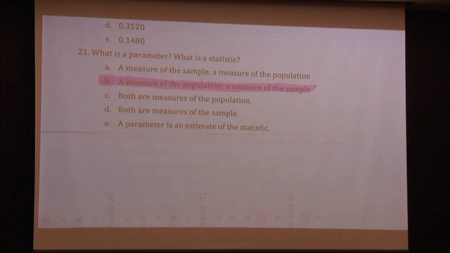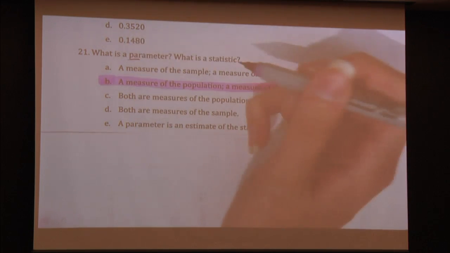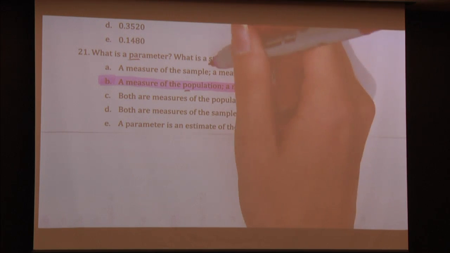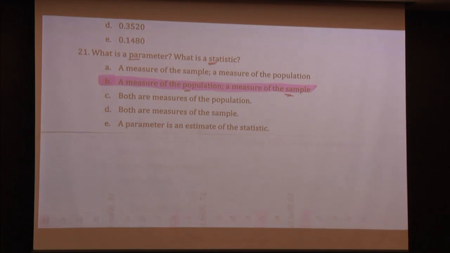They make it really easy for you because you can just watch the P's. Parameter, population, statistic, sample. That's just a way to remember it if you get it backwards. I mentioned this earlier, but keeping straight what deals with the sample and what deals with the population will help you a lot when setting any of these problems up or when thinking about it conceptually.